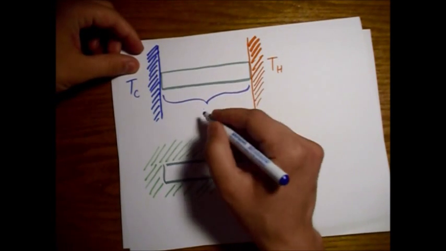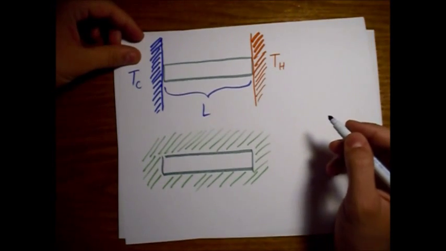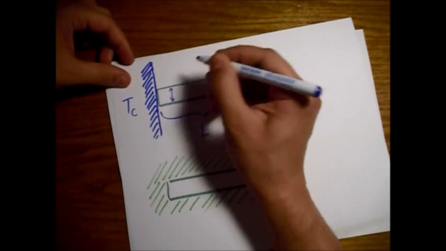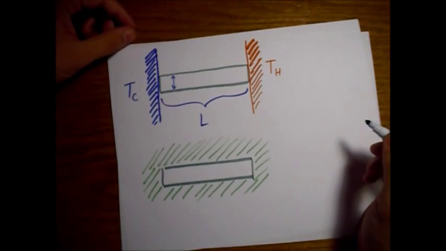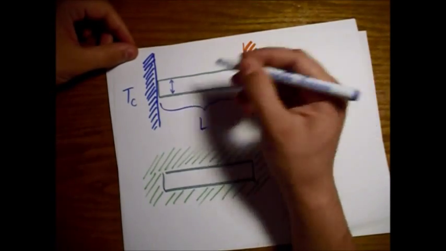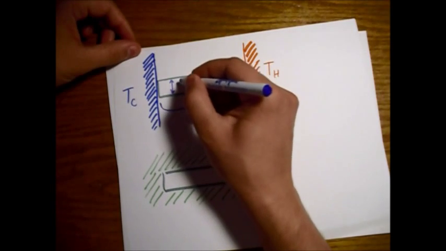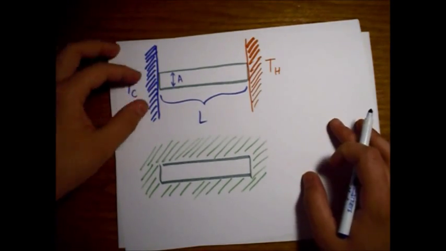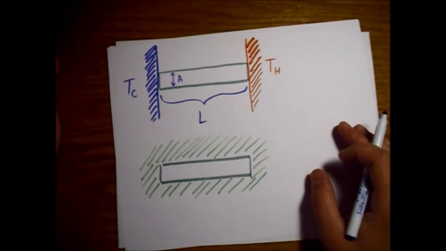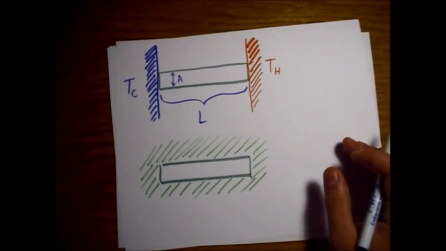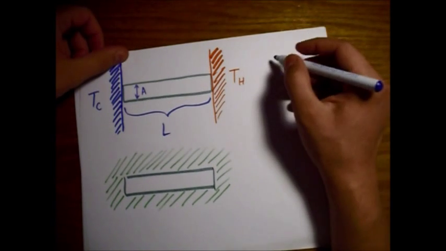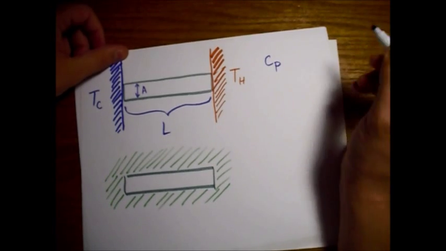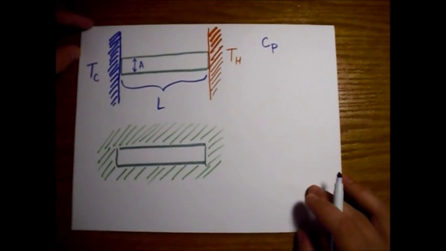Alright, so the bar, we're going to say, has a length of L, and, well, rather than a width, let's use A, so it's a total cross-sectional area. It has a specific heat of C sub P, at constant pressure.